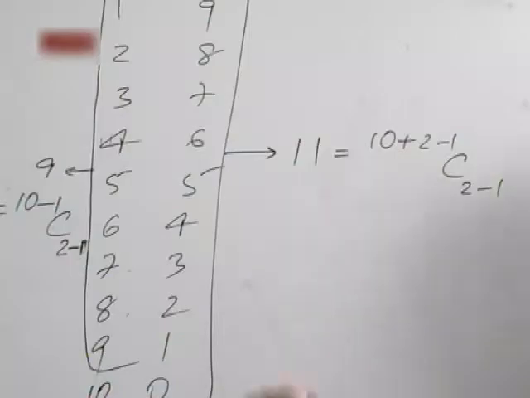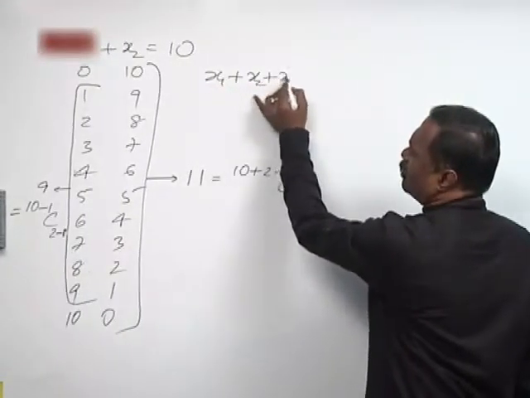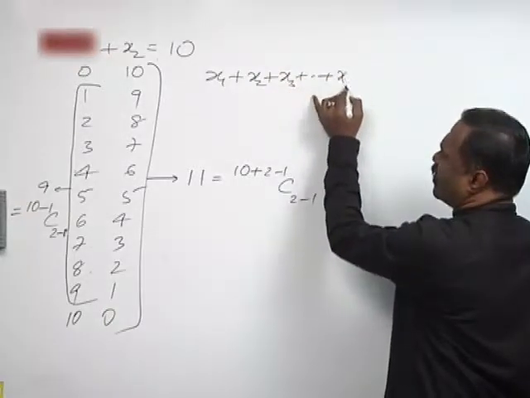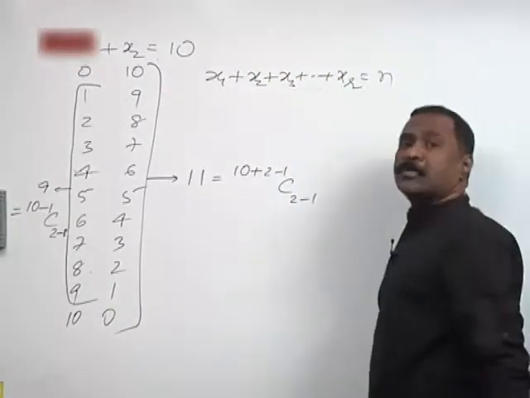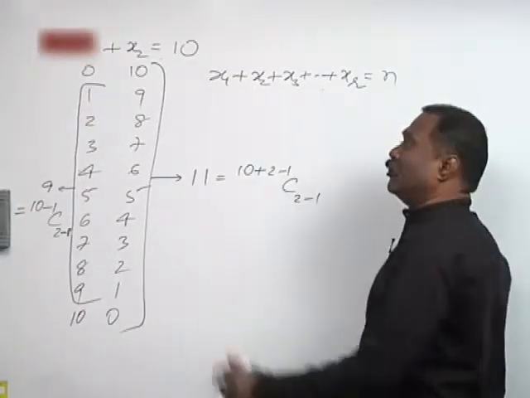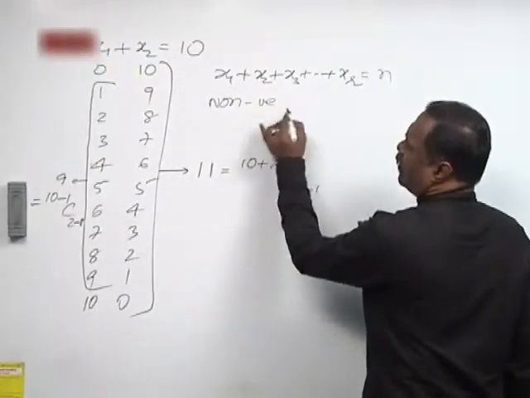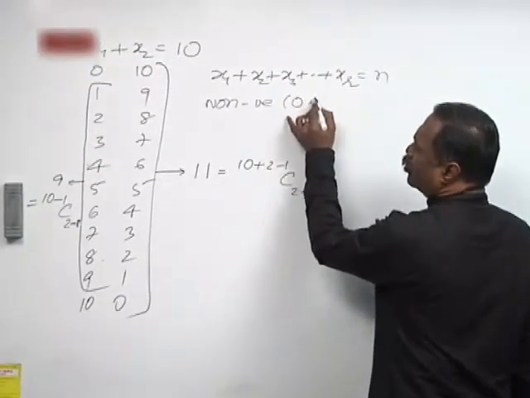Do you understand? So if I give you a general equation like this, x1 plus x2 plus x3 plus so on plus xr is equal to n, you need the number of non-negative integral solutions. Non-negative means 0 included.